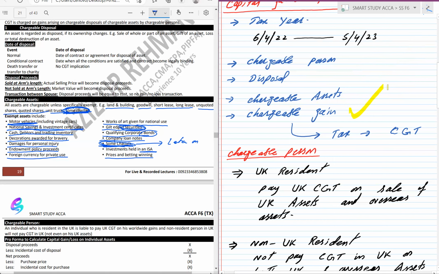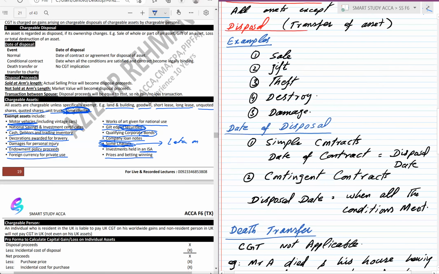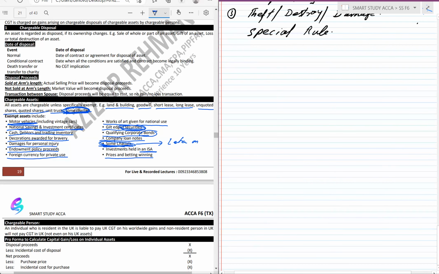Now we are moving towards our next term, which is chargeable gain. How to calculate gain or loss in case of capital gains tax. Chargeable gain or loss.